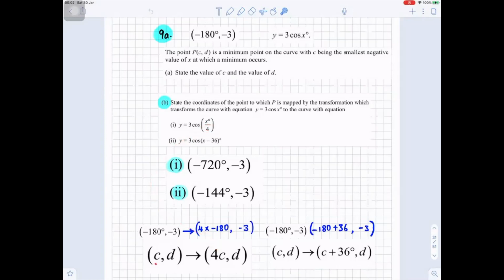So for (C, D), you will times C by 4, because it only affects the x. And it's minus 36. So for the coordinate (C, D), you will add 36 to C, because it only affects the x.